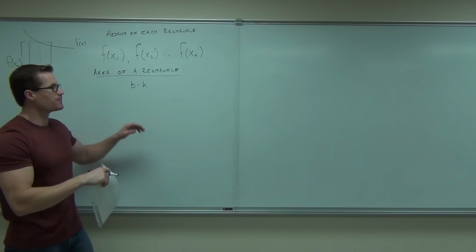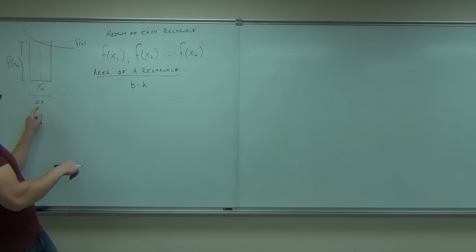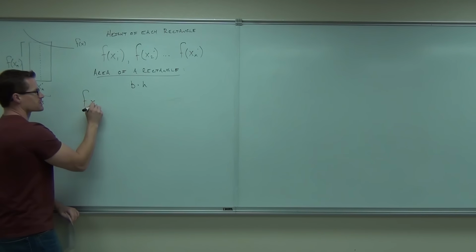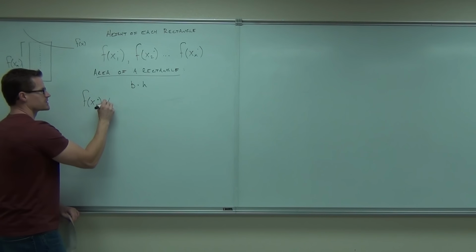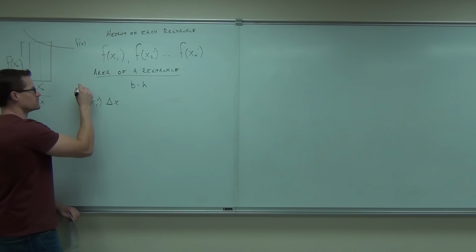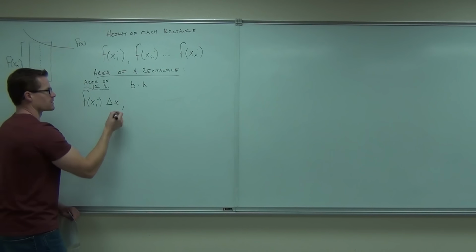Here's the height of every rectangle, here's the base of every rectangle. Therefore, the area of every rectangle would be f of x sub 1 dot times delta x. This is the area of the first rectangle.